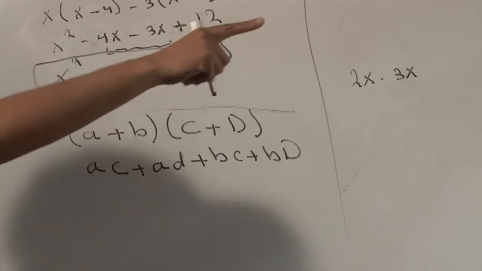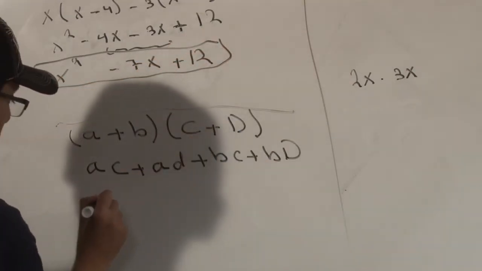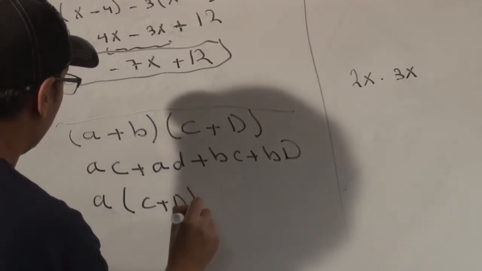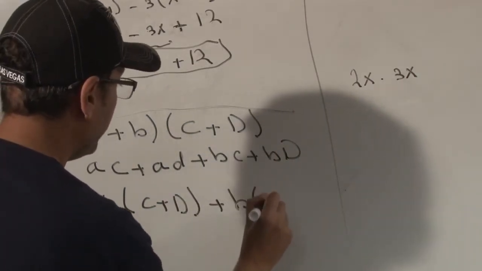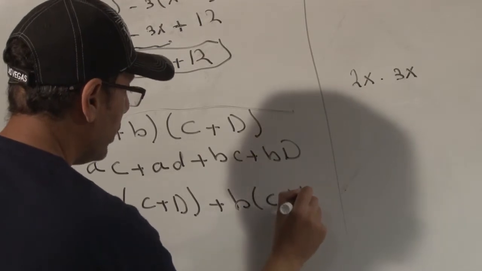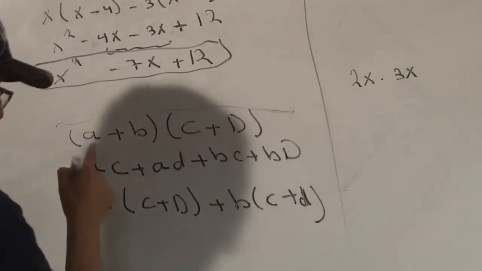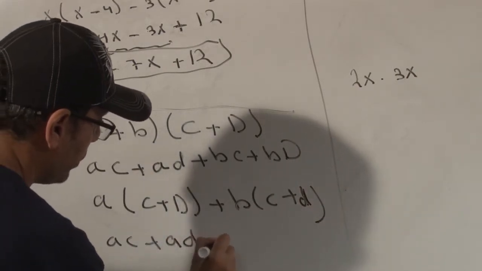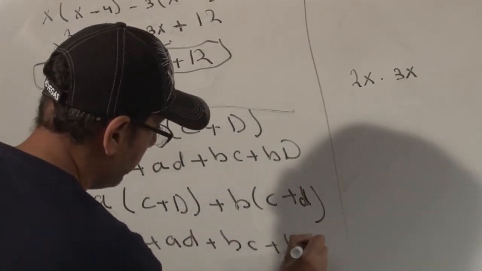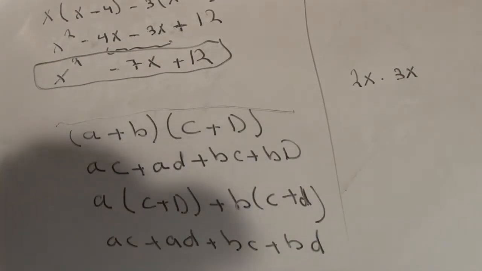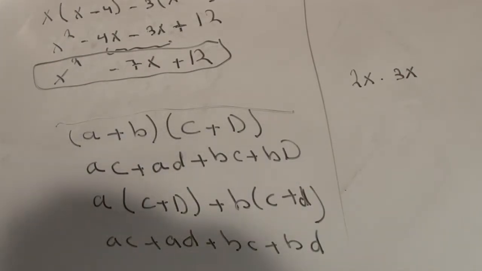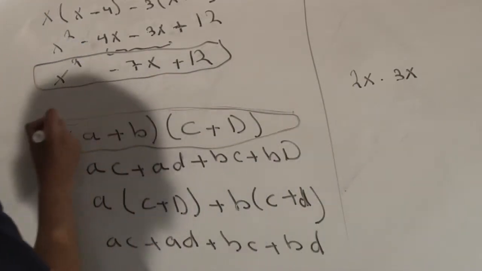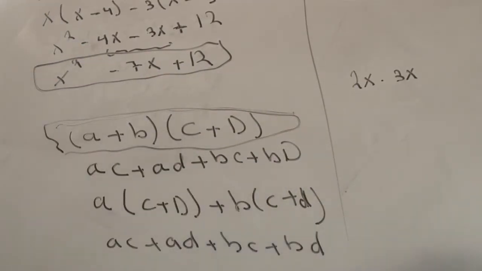In another way, as we distributed here, a times c plus d plus b times c plus d, you're going to get the same ac plus ad plus bc plus bd. Is it clear? Okay. I showed that because we will use this in the next step.